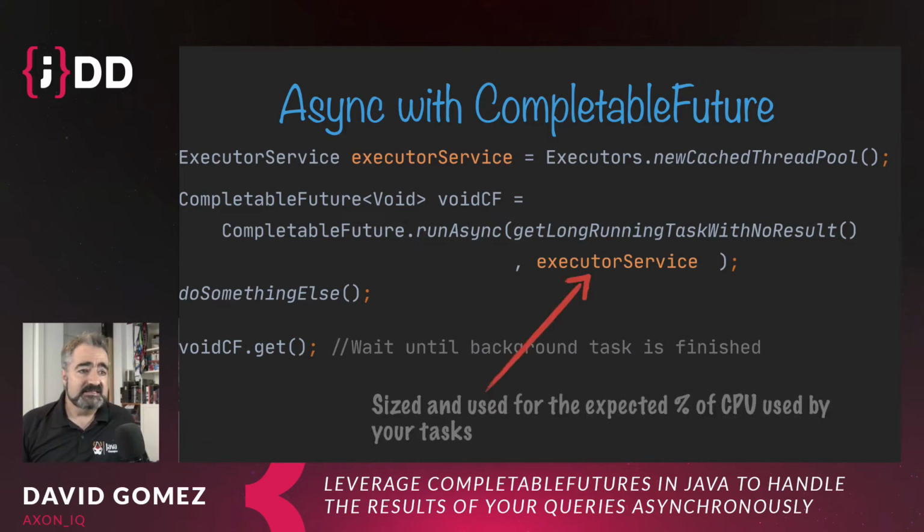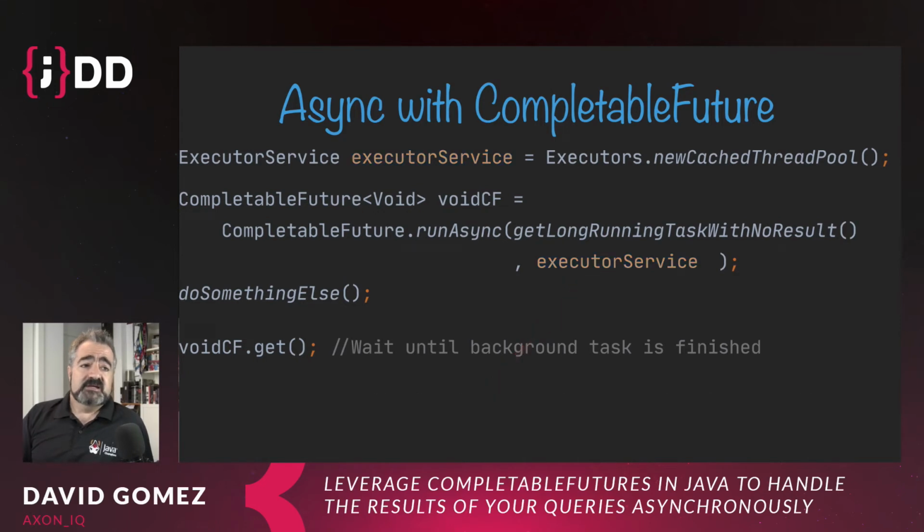So in this case, we could be providing a better executor service, which is sized accordingly to the percentage of time that we expect our task to be waiting for the network call or for retrieving some information. So this is basically when we have tasks that return no result.